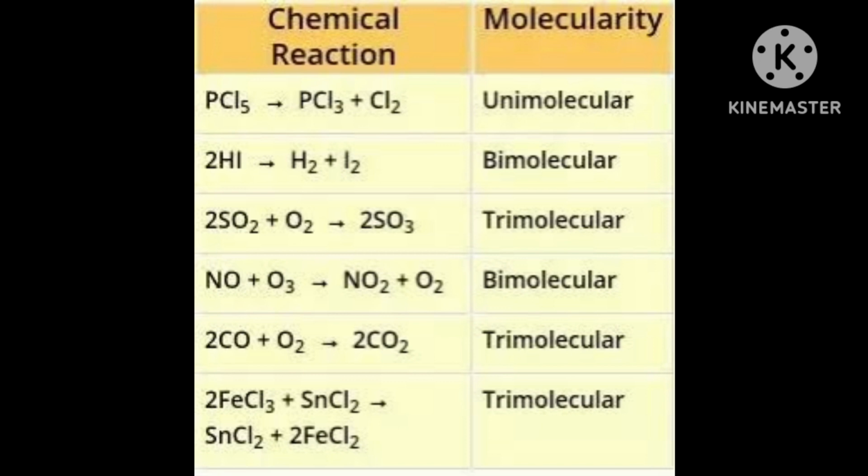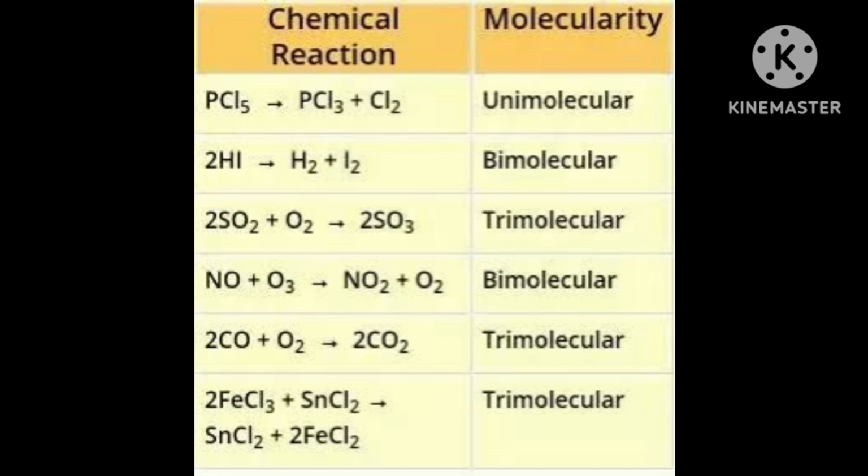Like that way, if suppose only one reactant is there and coefficient is 1, then molecularity is equal to 1 only. Then there is a difference between order of reaction and molecularity.